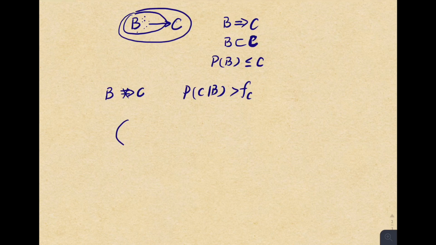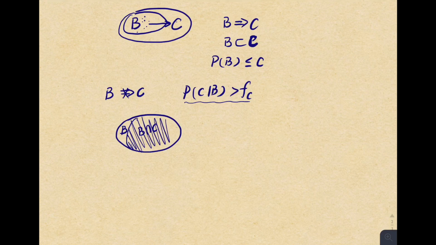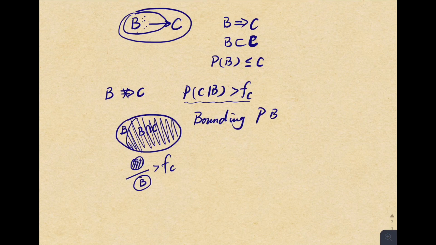Now consider the random experiment outcomes in event B. In this space, the lower limit we have for the conditional probability means that when B is happening, the chance that C is happening as well is at least Fc. So if we mark that region with a shade, the area of the shaded region over the area of event B is at least Fc.